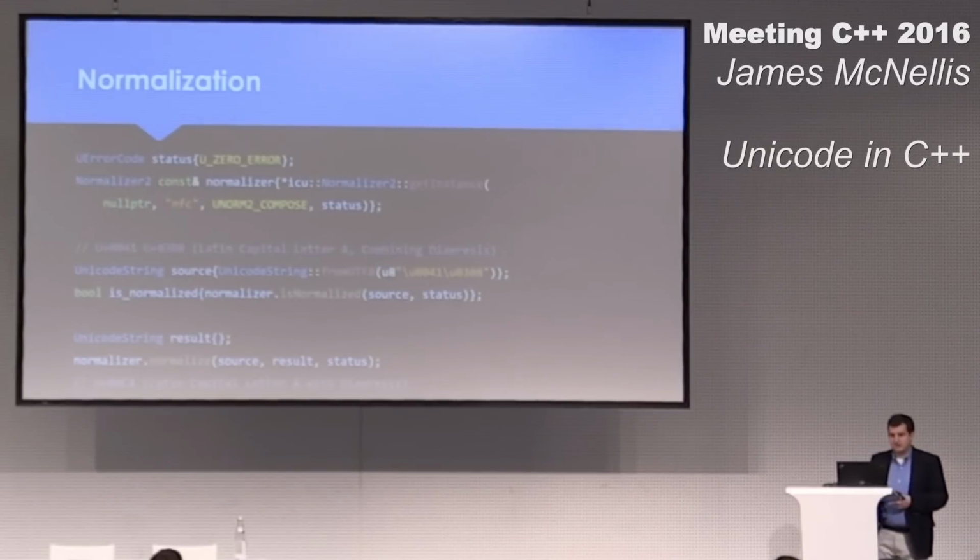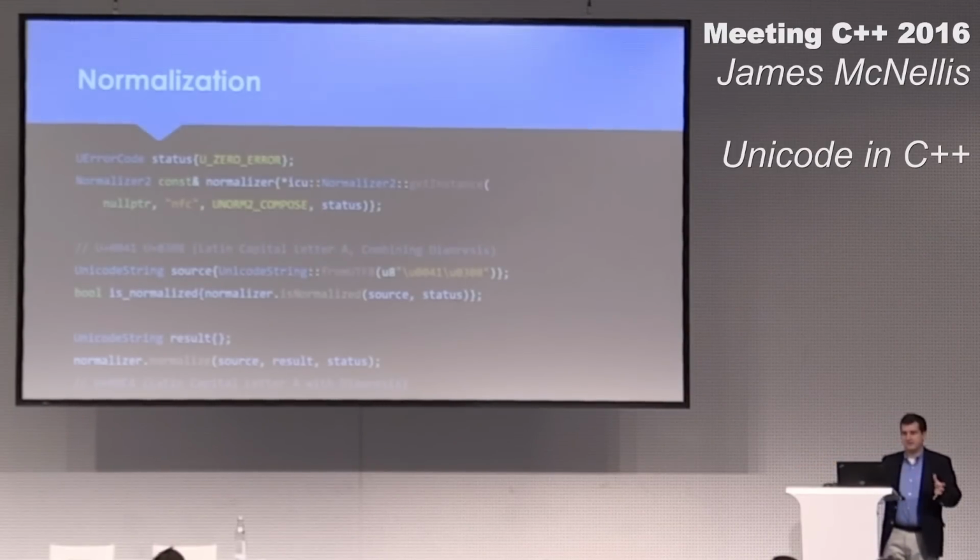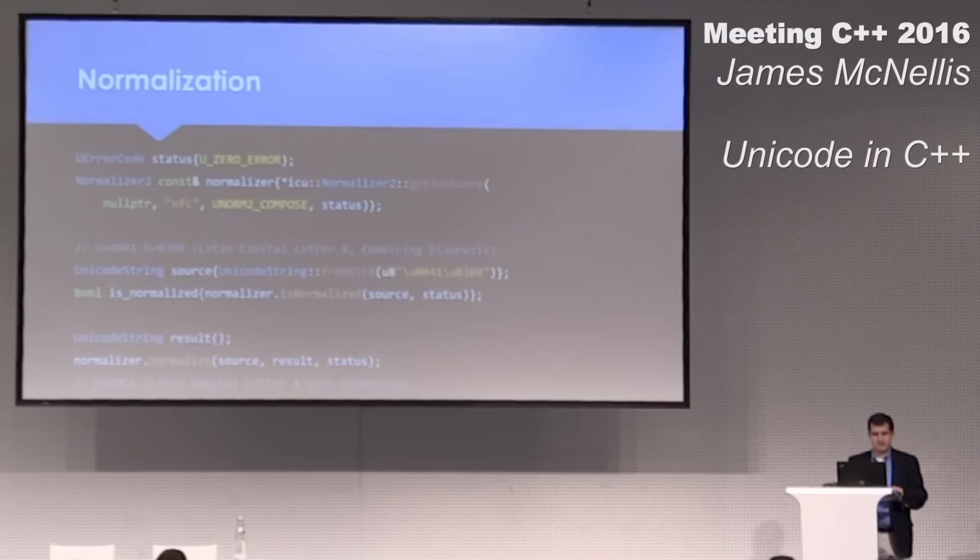You can also do normalization using ICU. Here, for example, we construct a normalizer to normalize into NFC, which is the precomposed form. We can then construct a string that contains the decomposed A with diaereses, and we ask this normalizer, is this in normal form? And it'll say no, it's not, because this is a normalizer for the precomposed form.